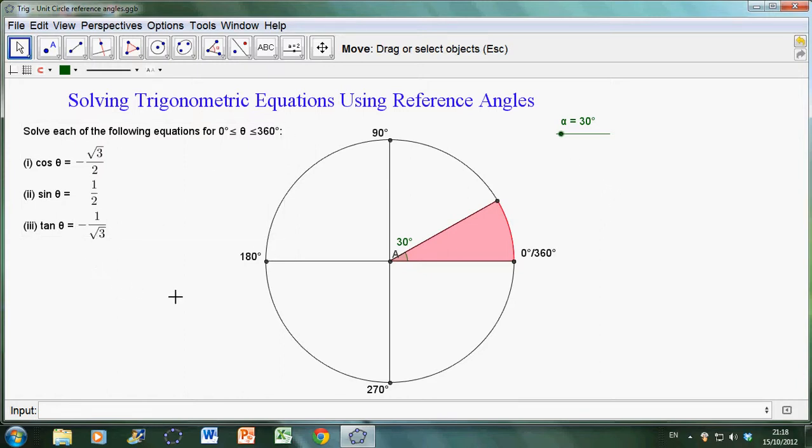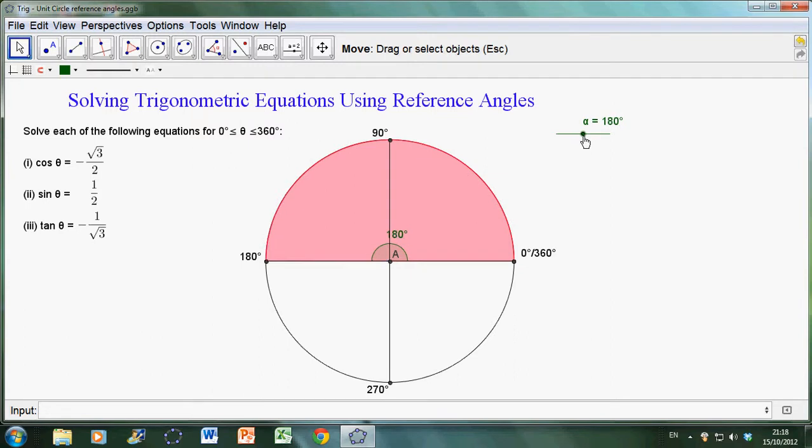The question is, whereabouts is tan negative on this diagram? Tan is negative in the second and fourth quadrants. So we move into the second quadrant. Once again, tan of 150 gives us minus 1 over root 3 on your calculator, or the decimal equivalent. How we got that was we subtracted 30 degrees from 180, and that brought us back in here.